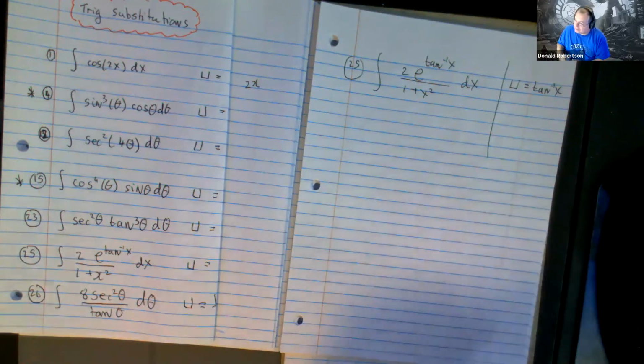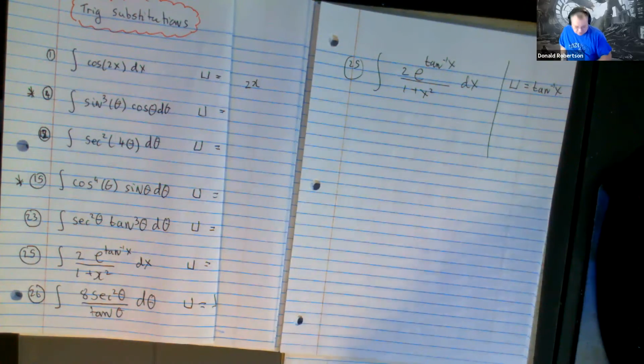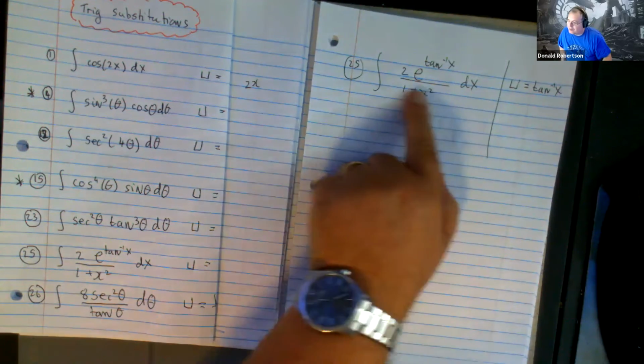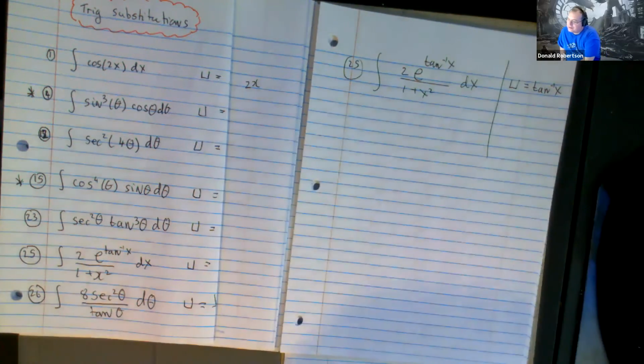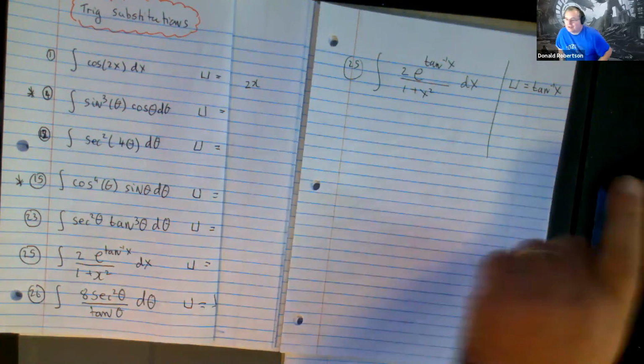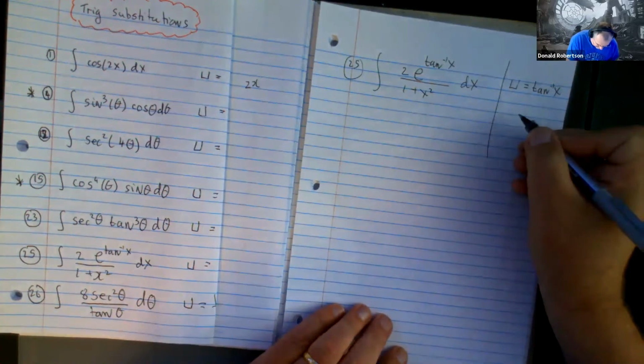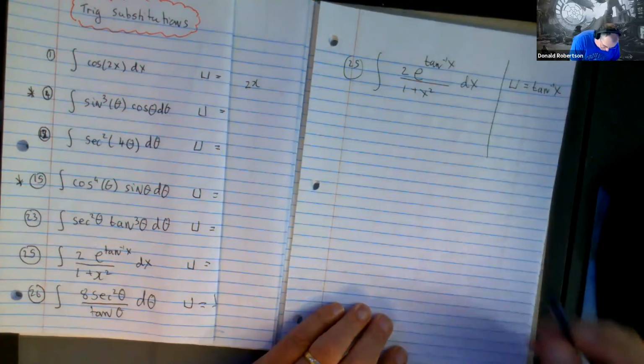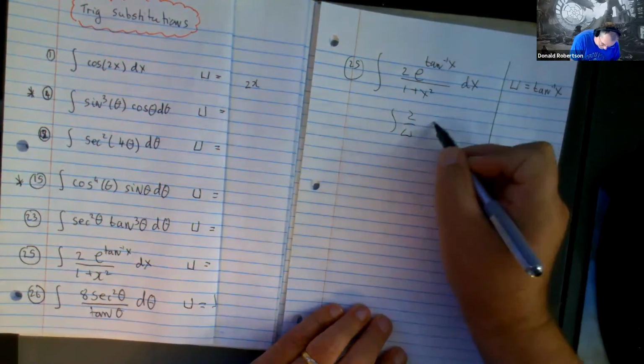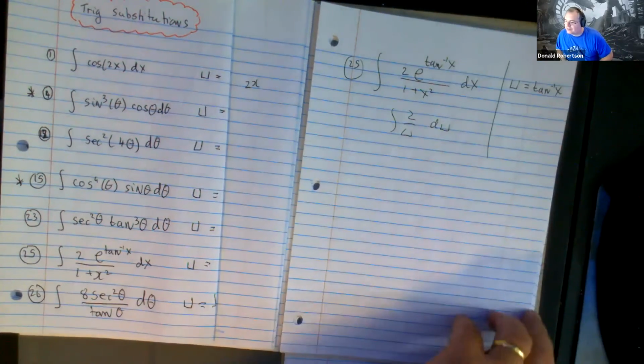I could make up another question where you would pick the guy in the bottom, rather than the other one. So I guess in those questions, you may have 2 equally valid choices, and you might just have to pick the wrong one to find out who the right one is. But this is the right one. I'll just leave it at that. Can you trust me that you end up with 2 over u eventually, and off you go and get the answer?